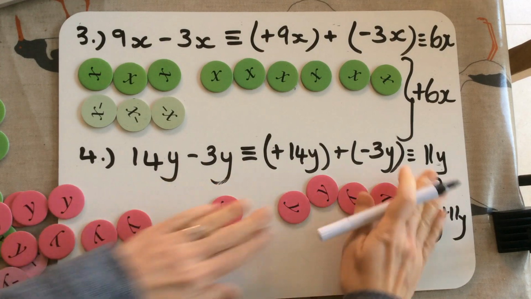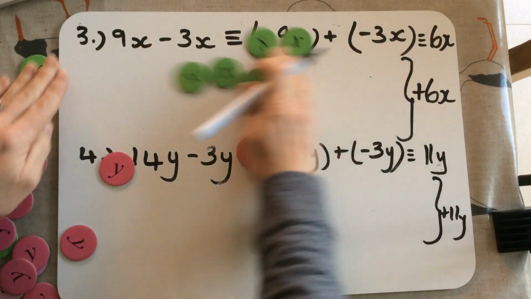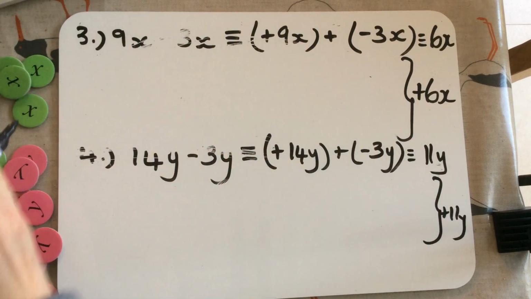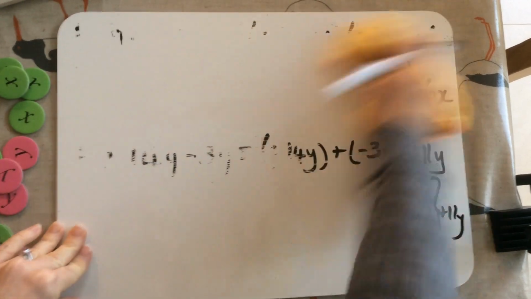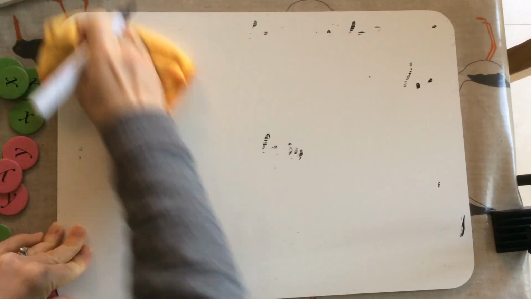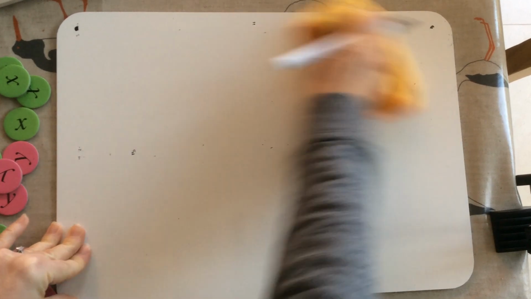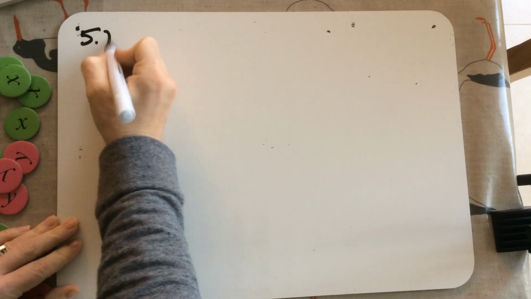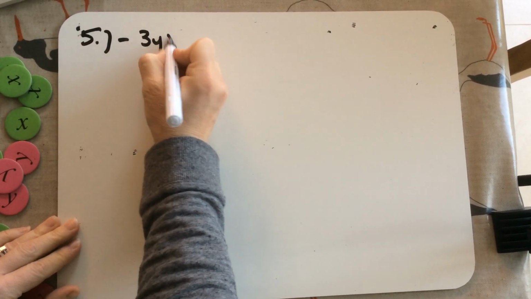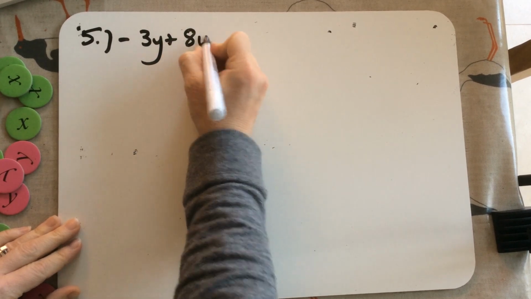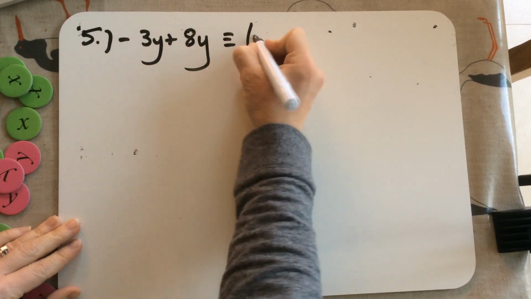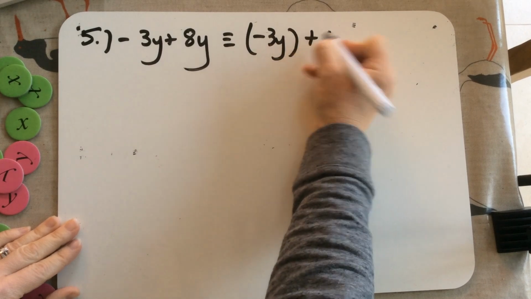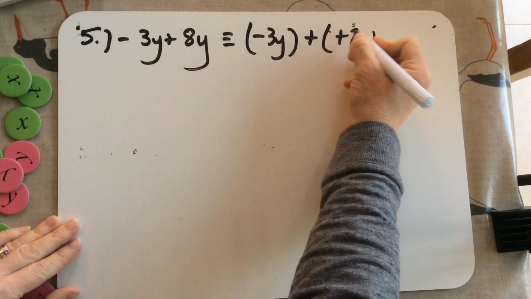Okay, question 5, sticking with the y variable. But this time my first term is negative. So question 5, negative 3y add positive 8y.